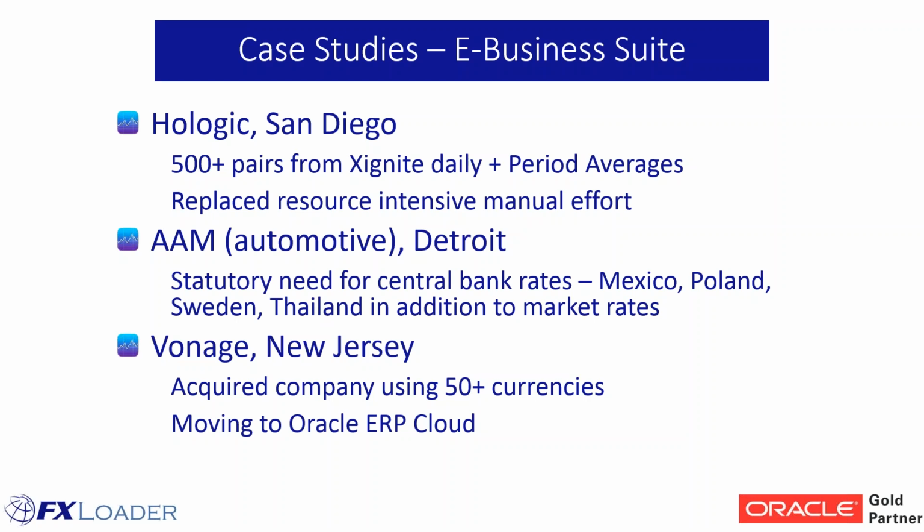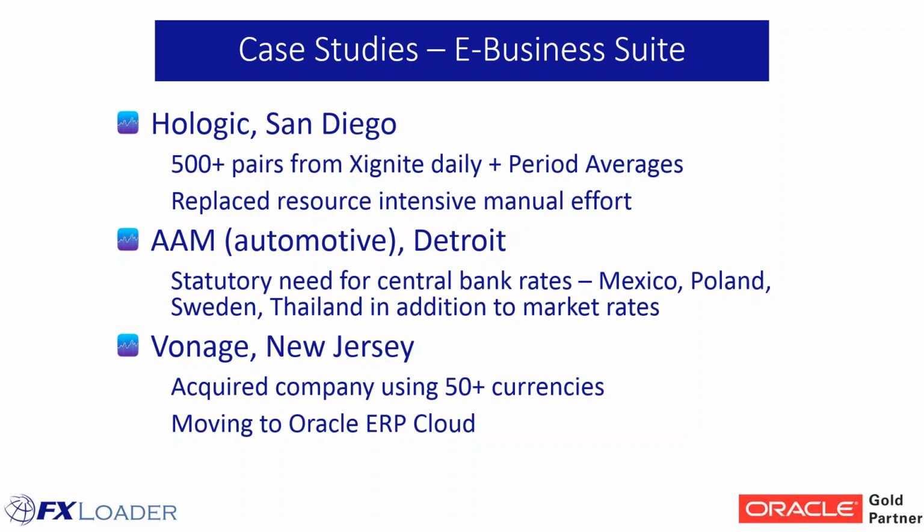So they've got five processes running every day at different times to add those rates in. They actually add those central bank rates into the same rate type. You have an option to create a different rate type in EBS to load them into instead, but they've chosen to override the market rates with the central bank rates in the same rate type.